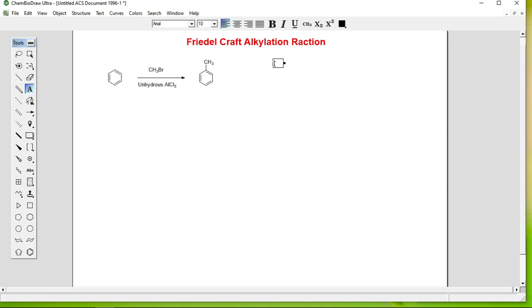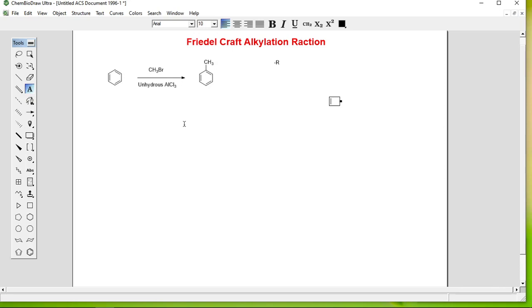We denote the alkyl group by R. This methyl group is an alkyl group, and it is introduced into the aromatic system. That's why this reaction is called the Friedel-Crafts alkylation reaction, and the reagent is anhydrous AlCl3. The introduction of an alkyl group into the aromatic ring is called Friedel-Crafts alkylation.